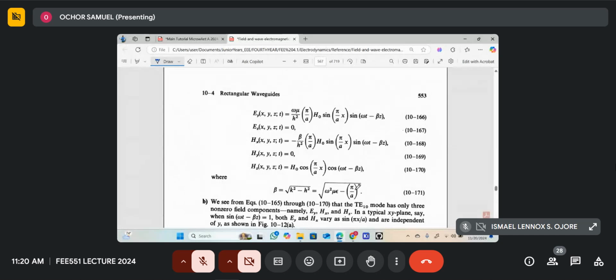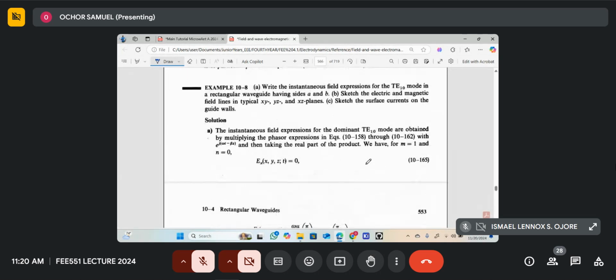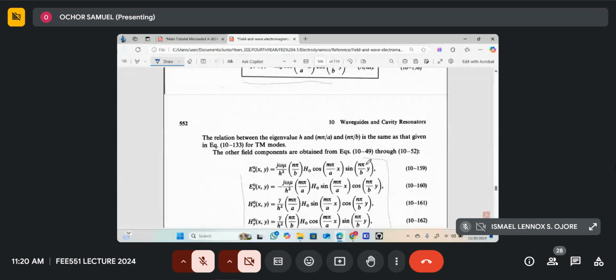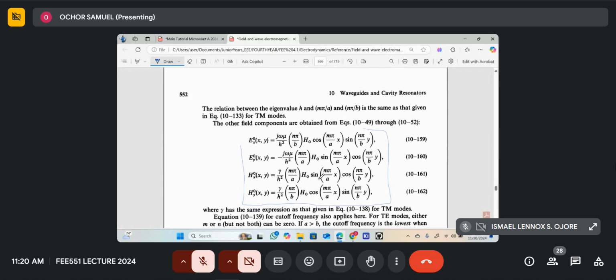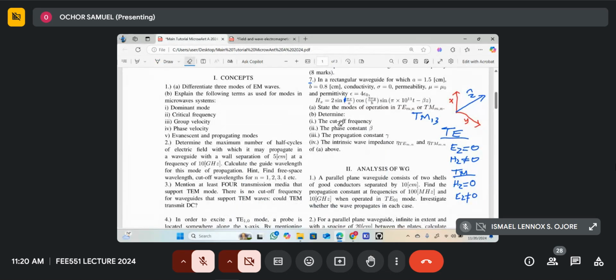But once you derive the magnetic field in the X component, you find that the same expression we are given is the same as the general expression for the magnetic field in the X component. That's why I'm saying it is TE13. Okay, then we'll have to research further and maybe raise the concern with Dr. Akun when we have the discussion. I hope that's okay.